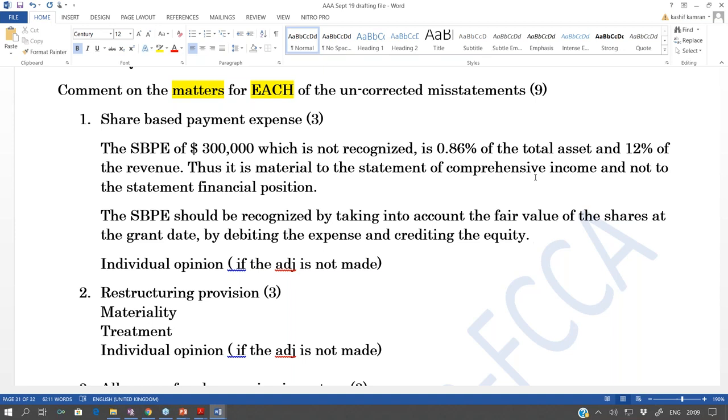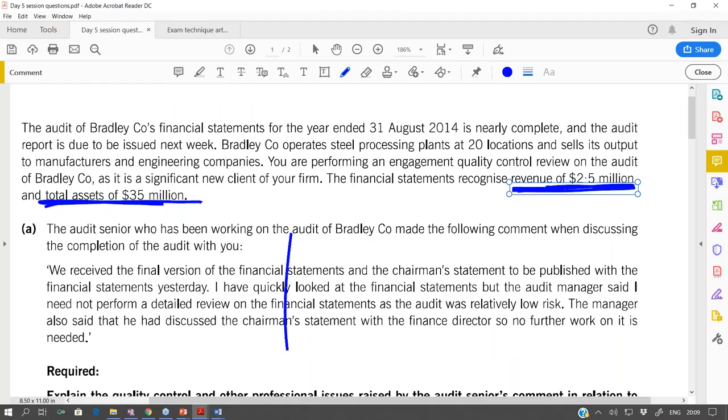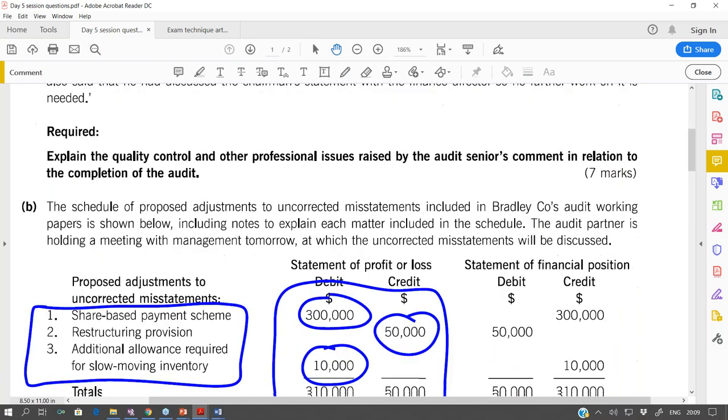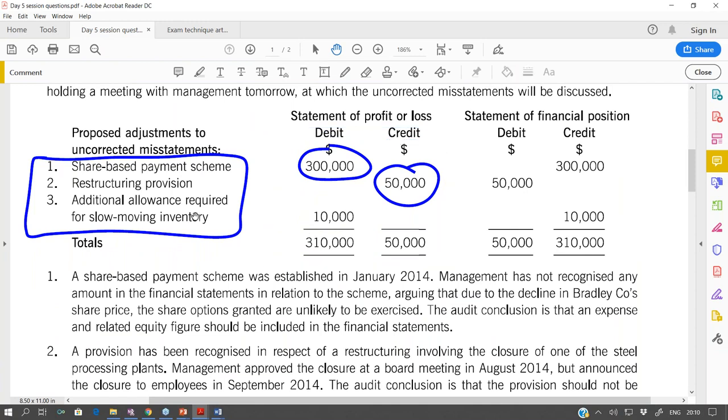Has the management done so? Has the management debited the expense and credited the equity? No. Have they recognized the share-based payment expense? No. So what is the auditor telling the management?